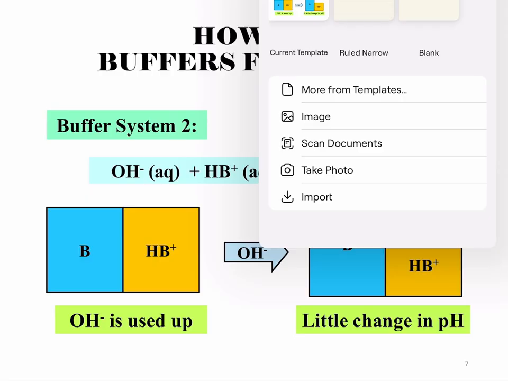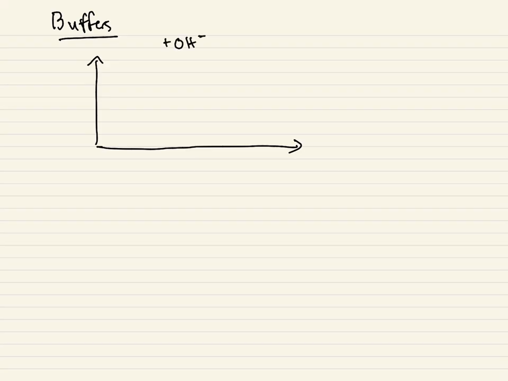All right, anyone's still writing this? Okay. And so if we have a change in pH and we're monitoring the change in pH with a buffer solution, so we're adding, let's say, OH minus to a buffer system, right? And this would be the volume of OH minus added.